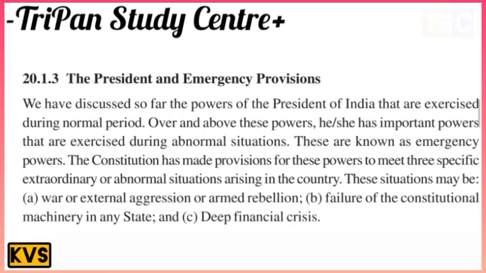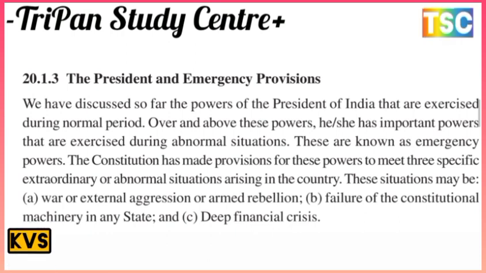The Constitution has made provision for these powers to meet three specific extraordinary and abnormal situations arising in the country: war or external aggression or armed rebellion, failure of the constitutional machinery in any state, and financial crisis. These are the most important emergency provisions here.